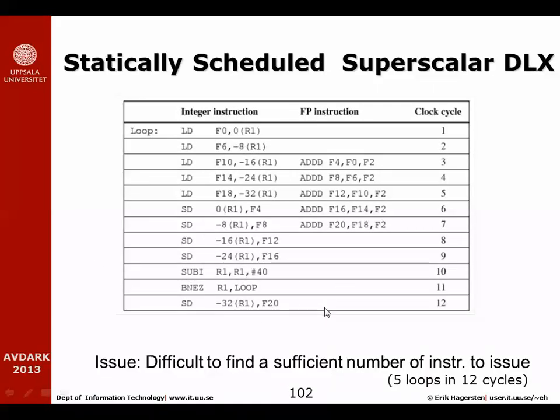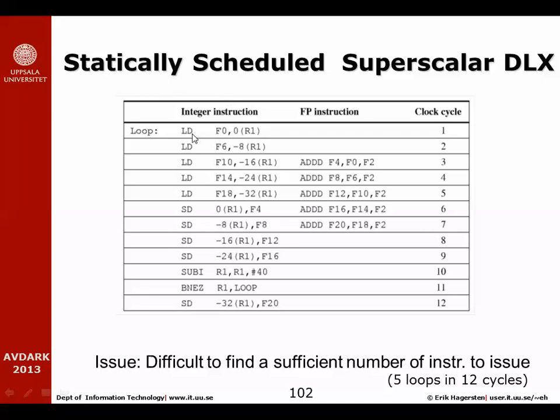If you would like to perfectly schedule your superscalar, you have to ask the compiler to do loop unrolling 5 times actually. And if it does loop unrolling 5 times, that means that you will be able to perfectly use the integer pipeline of your architecture. This shows cycle by cycle how many instructions you can start each cycle from our simple example code, if it's been unrolled 5 times.